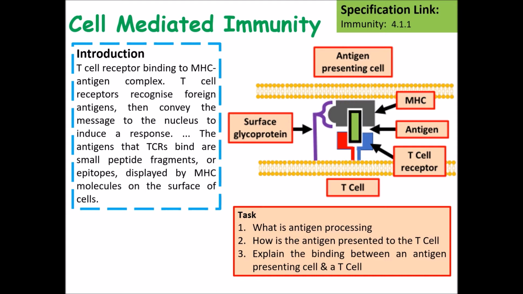The antigens then bind to small peptide fragments or epitopes displayed by the major histocompatibility complex molecules on the surface of the cell. So this is where the T cell is binding on and recognizing that antigen that has been released from the pathogen.